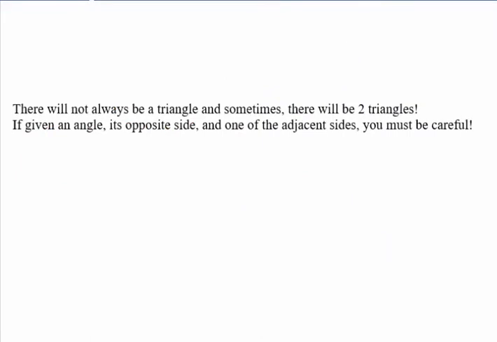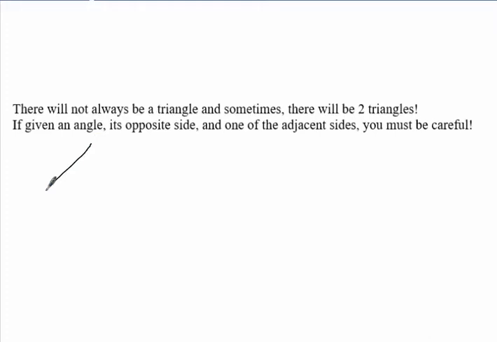The one issue with the law of sines is that sometimes it's impossible to form a triangle based on the information you're given. Sometimes you can end up with two triangles. That is called the ambiguous case. So if you are given an angle, its opposite side, and one of the adjacent sides, you have to be very careful.